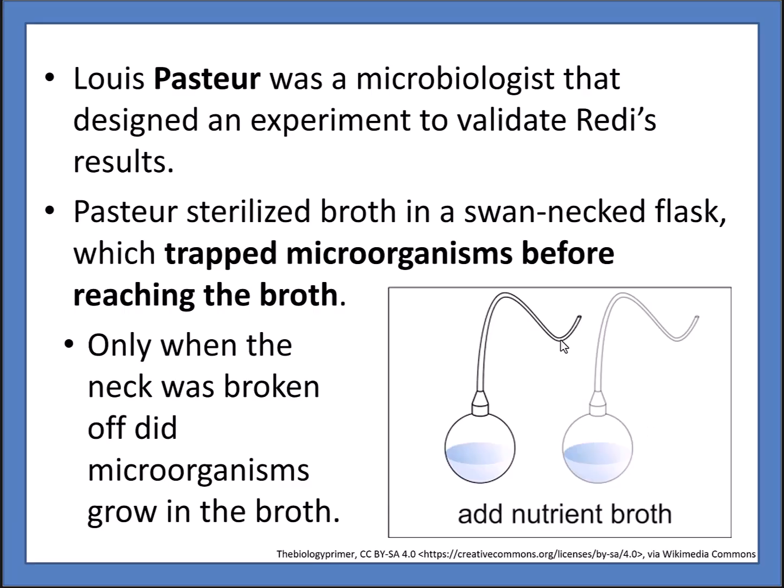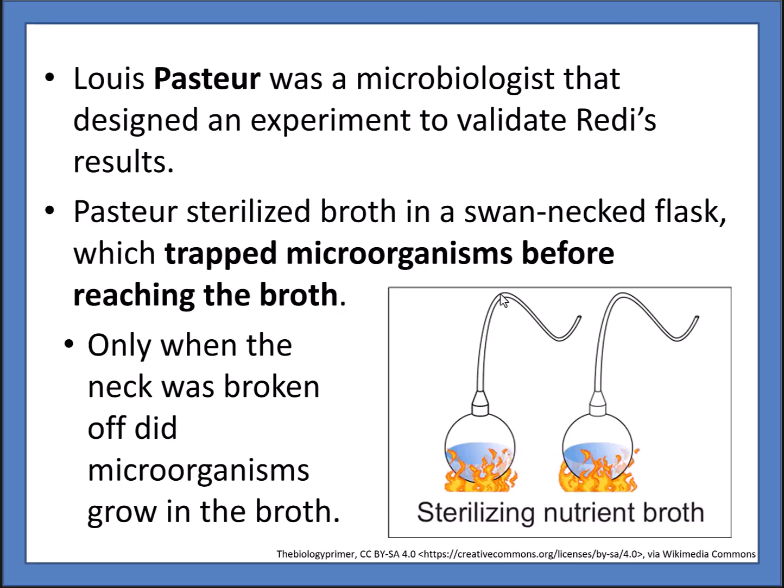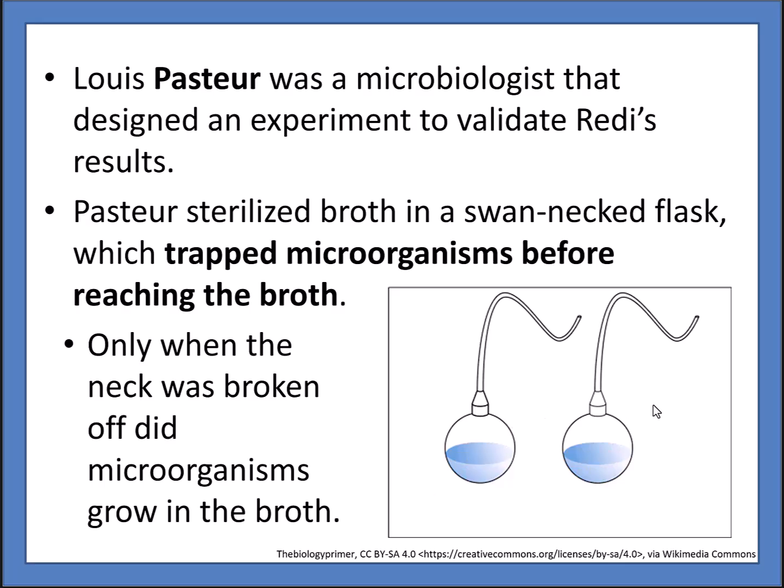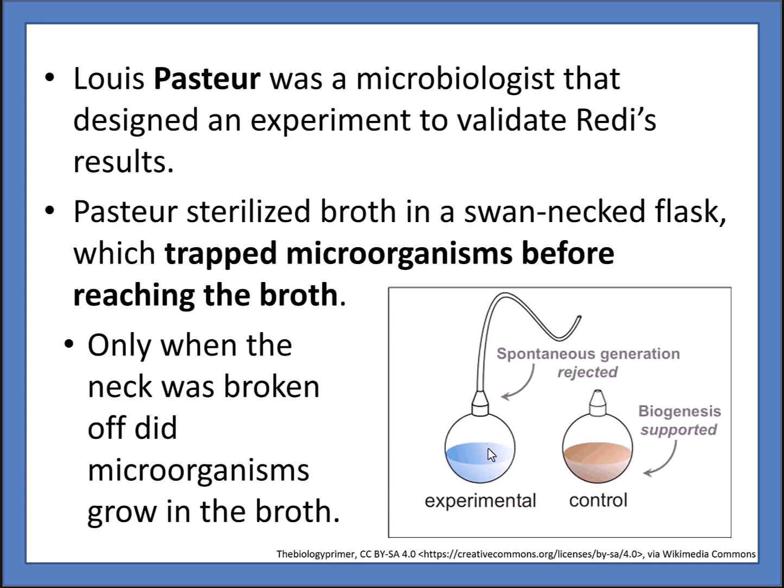So bacteria and other infectious organisms were trapped here. They got caught by gravity and didn't make it all the way down the flask to infect that broth. And so that supported the theory of biogenesis because the microorganisms were creating more microorganisms. The air was able to pass through here. It did not create microorganisms in the broth.